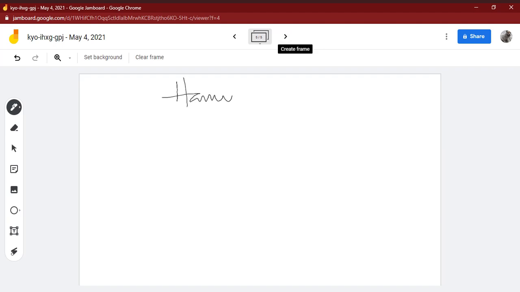Hamiltonian graphs. We have defined this graph in our previous classes also. First we define a Hamiltonian path. You know what a path is. A Hamiltonian path in a graph G is a path which contains every vertex of G. In case of Euler, it contains every edge, but in case of Hamiltonian, it contains every vertex.